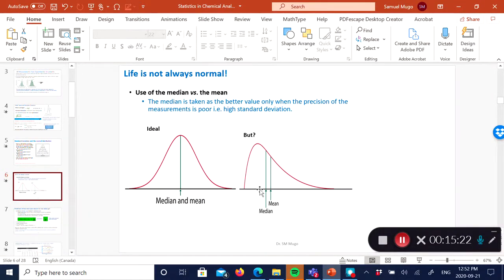In some cases, you may actually get data that has a poor distribution, meaning it's not symmetrical. And so in the event that you get a data set where the distribution or the standard deviation is high, meaning the peak is generally skewed, then in that case, instead of reporting the mean, report the median. But for a normal distribution, typically the median is equal to the mean.